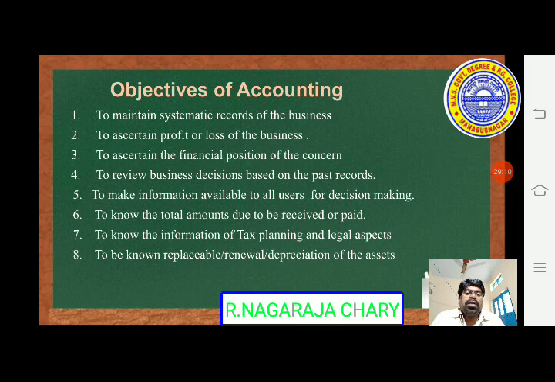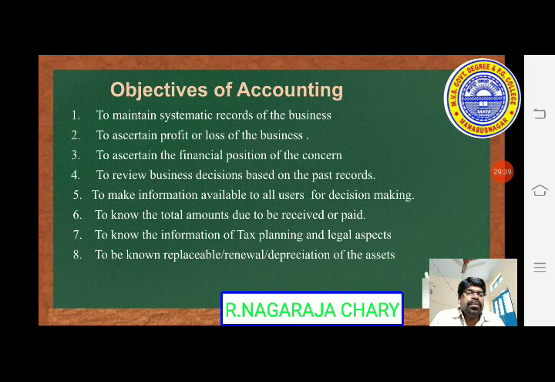Another objective is to know the total amounts due to be received or to be paid. Credit transactions are to be done sometimes. There are two types of transactions, cash transactions and credit transactions.